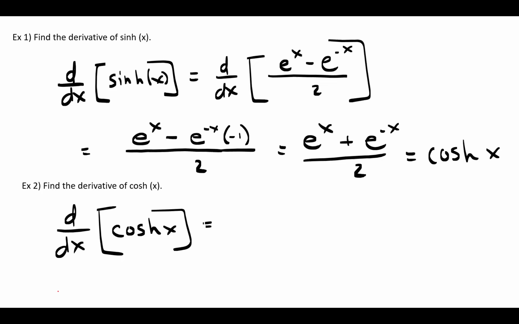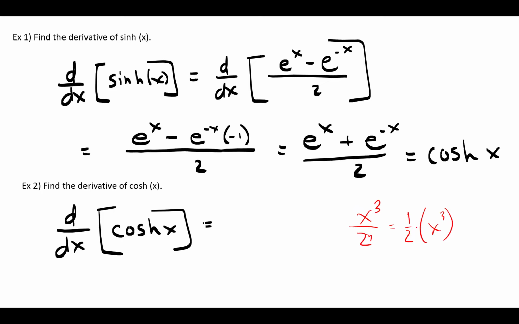I don't get why we left the 2. I know that it works, but I don't know why. Oh yeah, because it's a constant, we could have actually even moved it out front as a multiplier, because we didn't care. 1/2 times the derivative of e to the x plus the derivative of e to the negative x. Does that make sense?